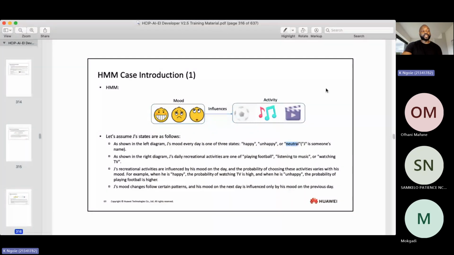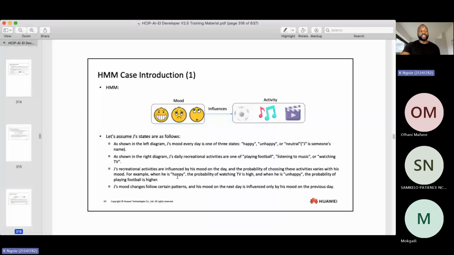As shown in the right diagram, J's daily recreation activities are playing soccer, listening to music, or watching TV. These activities are influenced by the mood of the day, and the probability of choosing one of them depends on the mood.